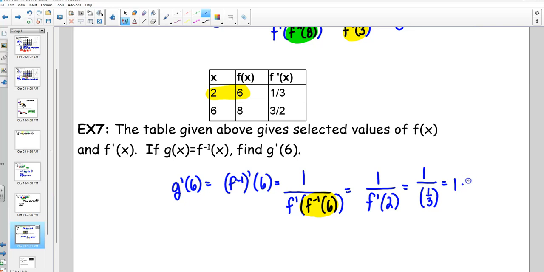And dividing fractions is easy as pie. Flip the second and multiply. The 6, 8, and 3/2 are all there to distract you. You don't use them at all for that.